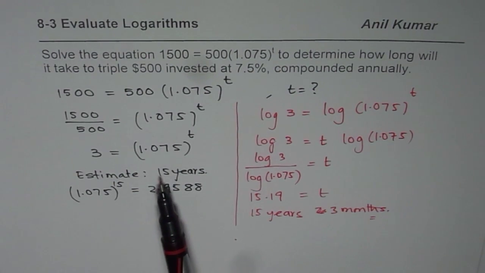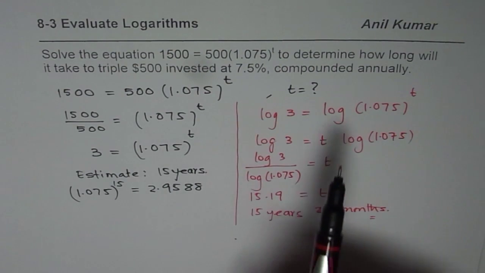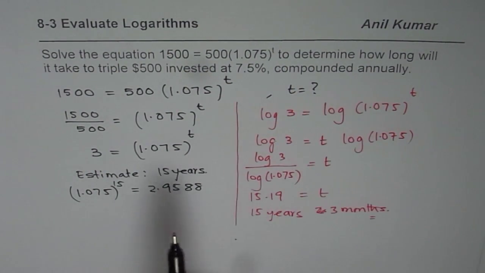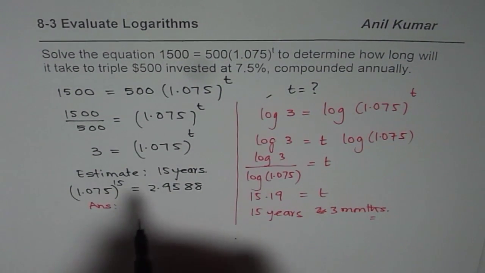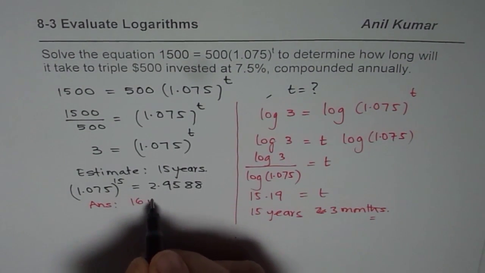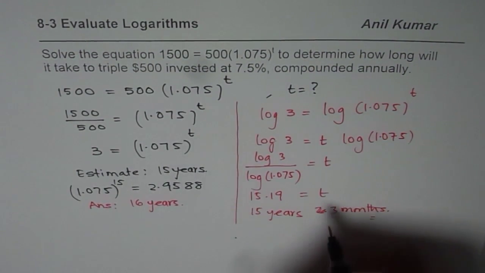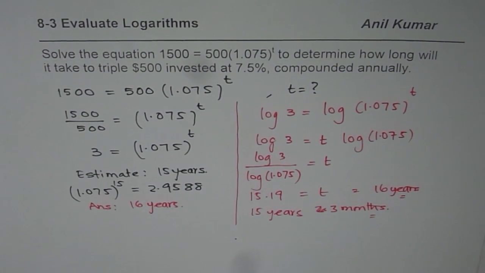Since in 15 years you really don't make it 3 times, and since it is compounded annually, you only get the interest at the end of the year. When you say to the power of 15 is less than 3, we will say 16 years. And here also we will get 16 years. So if you compare like that, it is not a bad estimate at all.